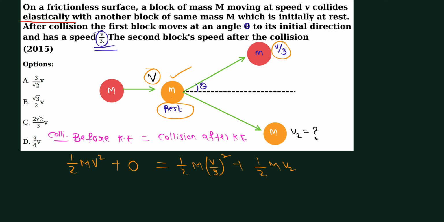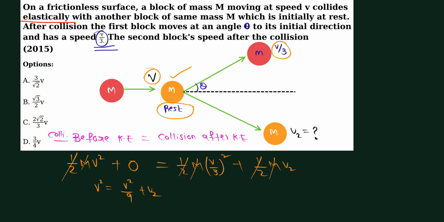Is that clear everyone? On both sides you take half as common, and half gets cancelled. All m's get cancelled. Whatever remains, we have v square equal to v square by 9 plus v2 square. Solving this, you will get the v2 value.